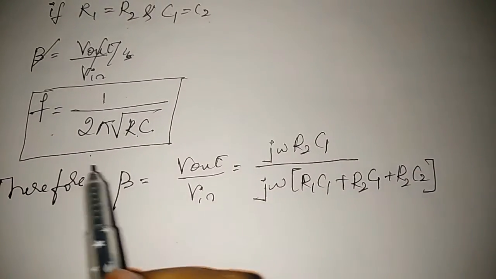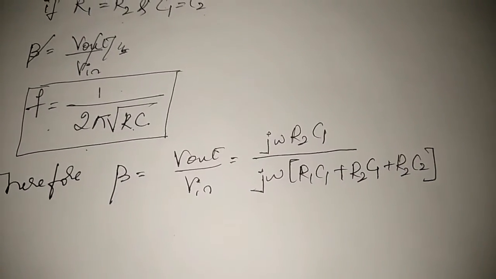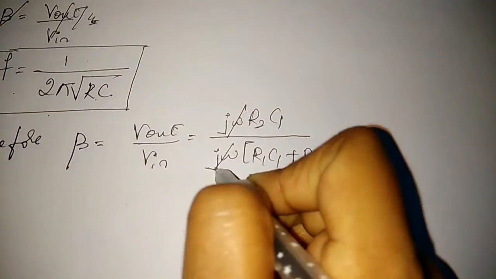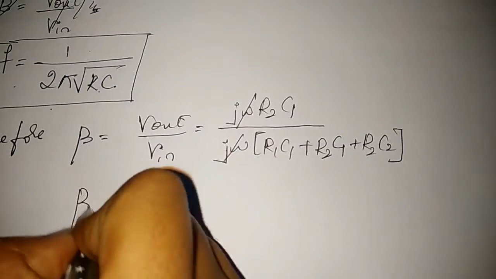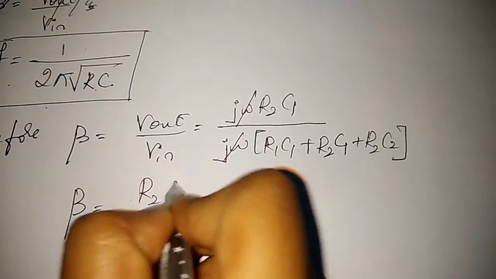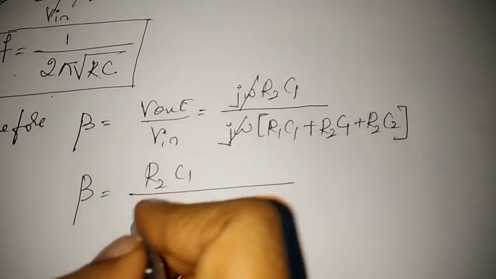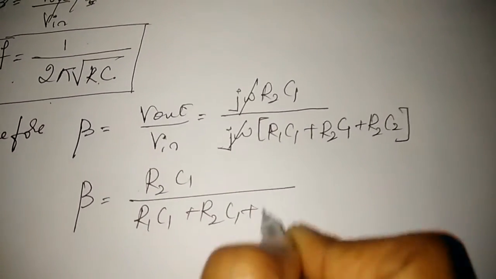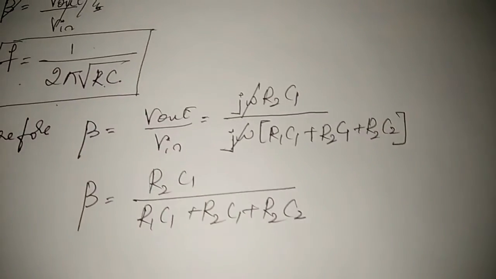Because we had taken that another term as 0, correct? So now this j omega and j omega gets cancelled. We'll get beta is equal to R2C1 divided by R1C1 plus R2C1 plus R2C2, isn't it?